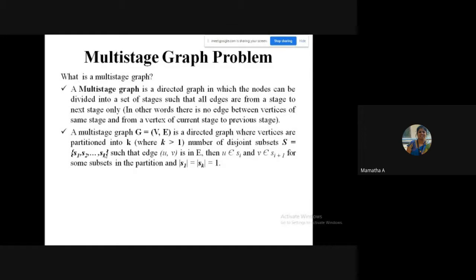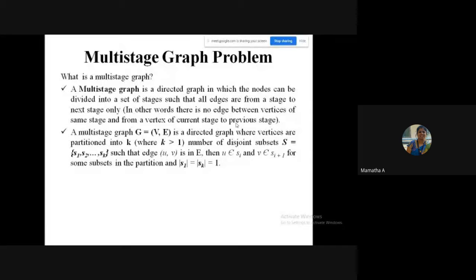So V is divided into K disjoint subsets, where S equals S1, S2 to Sk, such that every edge (u, v) in E will have u belonging to S of i and v belonging to S of i plus 1. So u belongs to the subset of stage Si and v belongs to the subset of stage S of i plus 1, meaning the next stage alone.